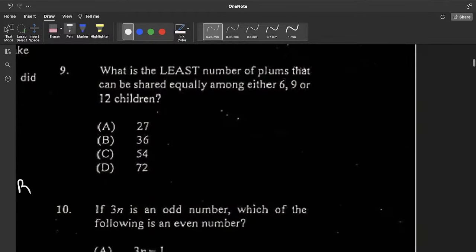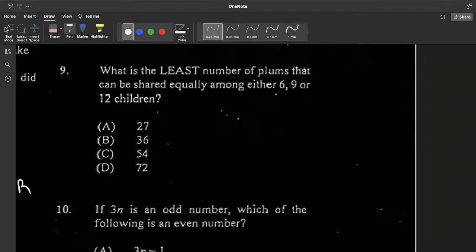Anytime you see this question, what is the least number of plums that can be shared equally among either 6, 9, or 12 children? It's saying if you had 6 different things and you put them in groups, you keep grouping them together. So 6, 6, 6, 6, 9, 9, 9, 9, 12, 12, 12, 12. What number would you be able to share the same number of things? The only number that you would be able to do that for is the LCM of all of these numbers.